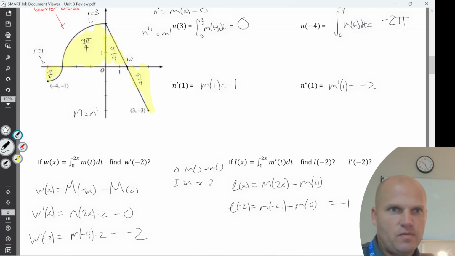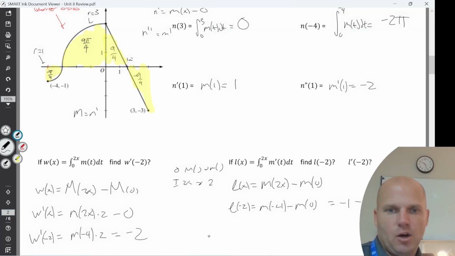M of 0 is this value, 3. It should be 4. It's -4. Oh, because I'm going from 0 to -4. 0 to -4, we can see we decrease 4. I'm going backwards. Cool.